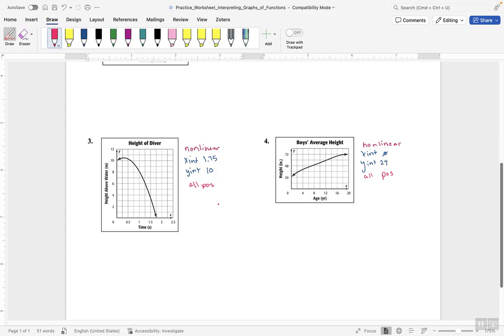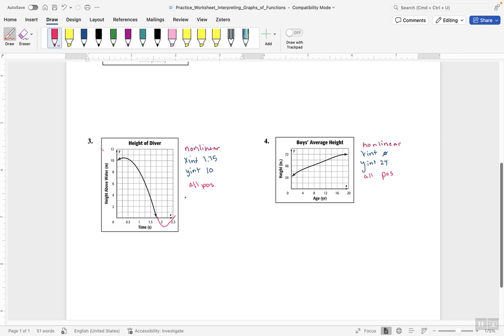I'm trying to think how to say that. So if it went below from 1.75 to 2.5, I would write that in.